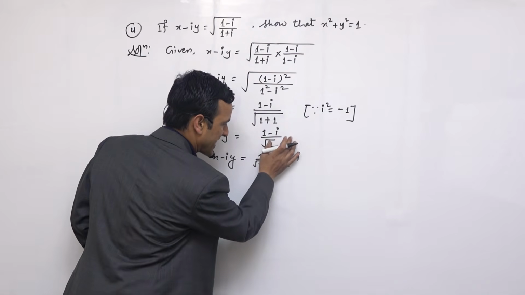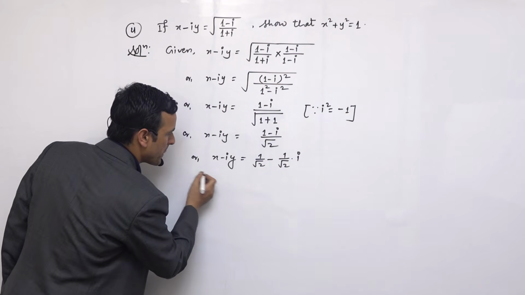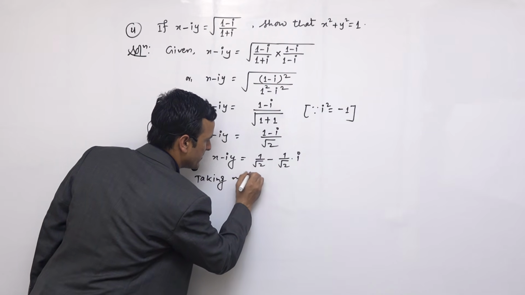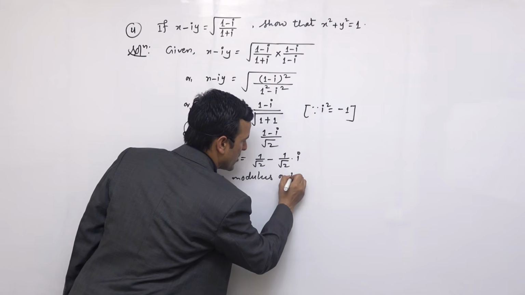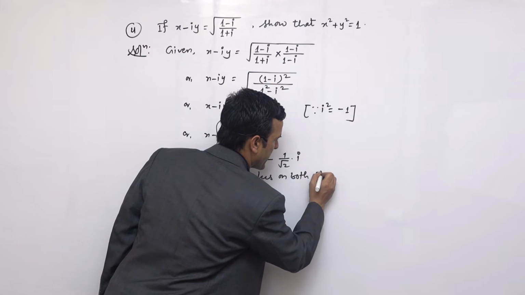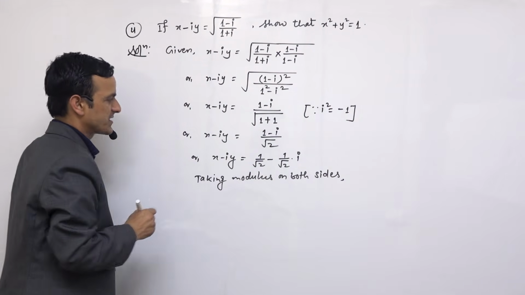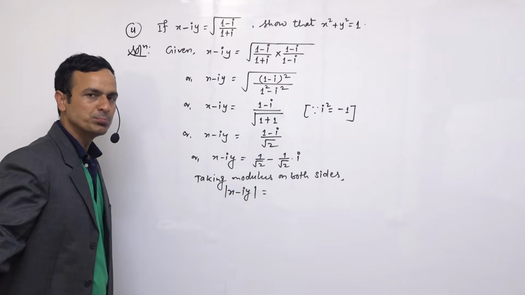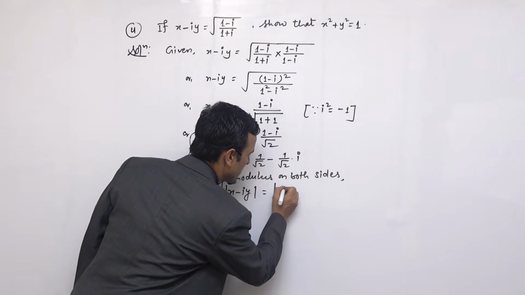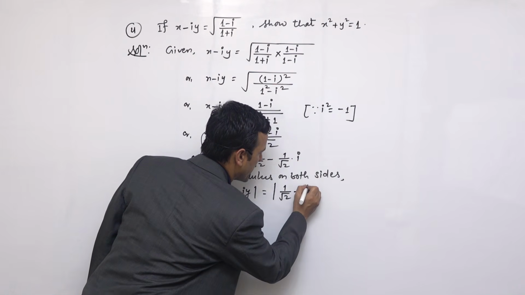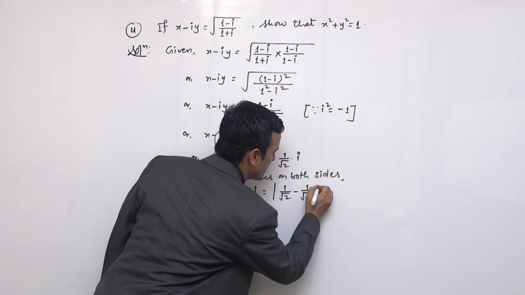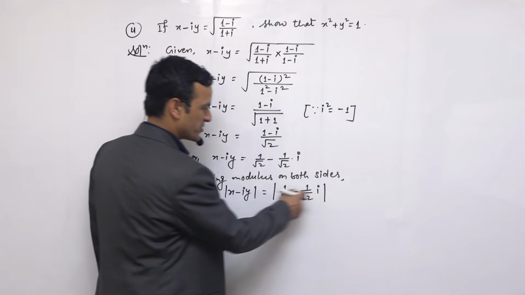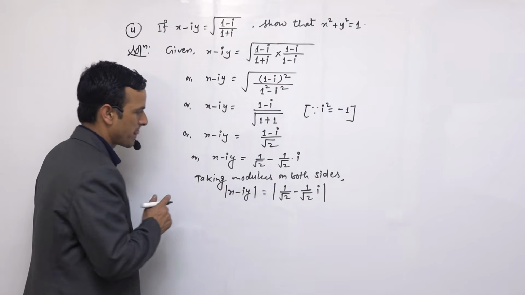We have broken or separated the whole fraction. After that we can take modulus on both sides. Taking modulus on both sides, we get modulus of x minus iy is equal to modulus of 1 upon root 2 minus 1 upon root 2 into i. This is the modulus sign used on both sides.